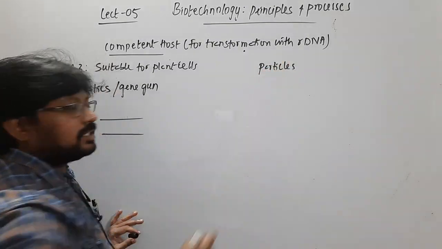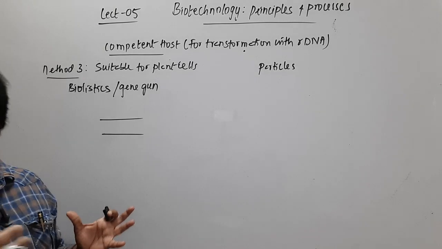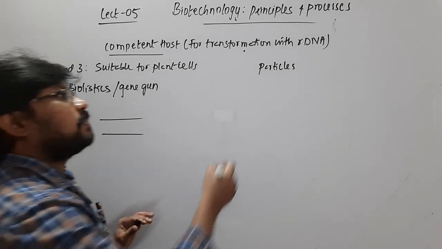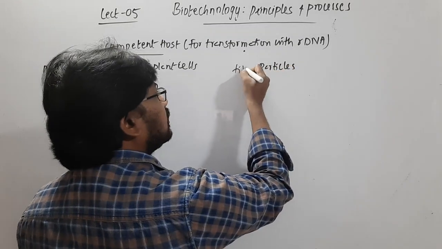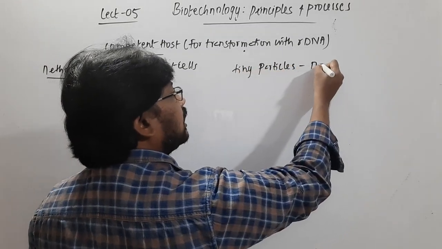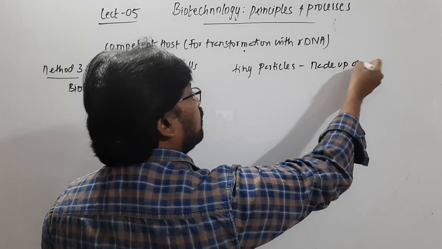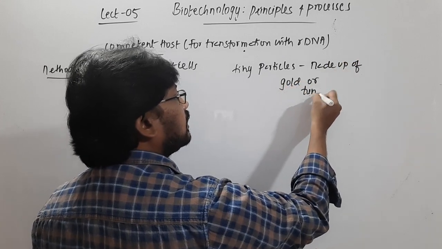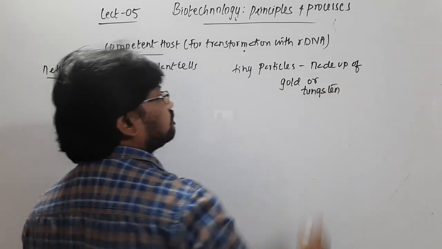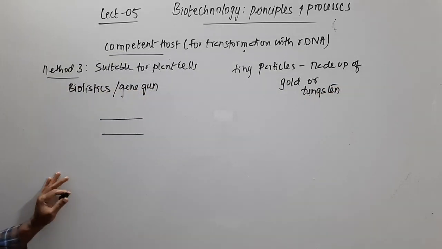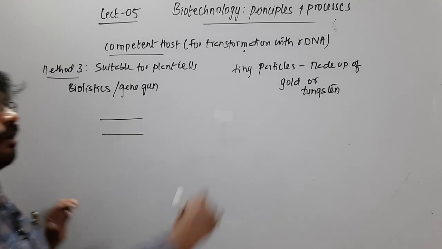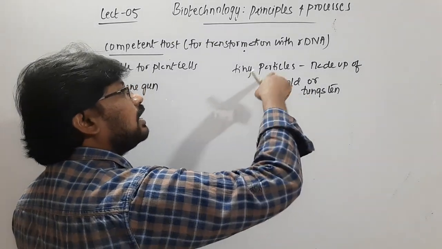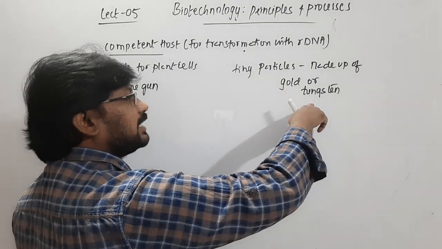Of course, the bullets are tiny particles made up of gold or tungsten materials, and onto this gold or tungsten they are going to attach the rDNAs.